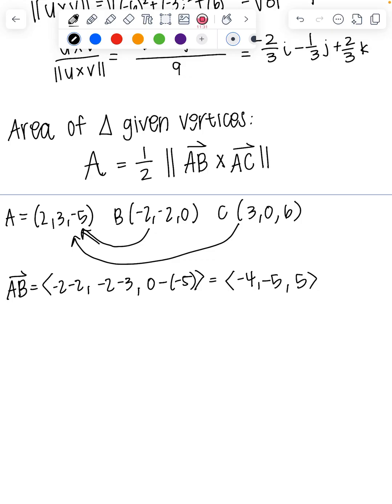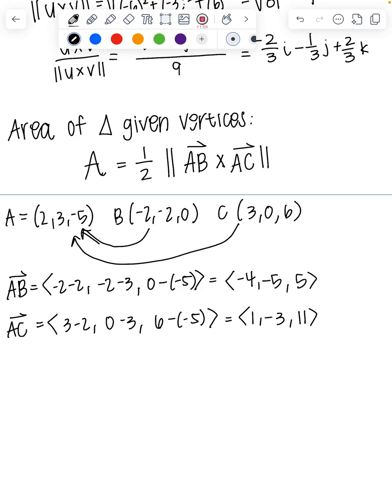All right, then I have to still find AC. So AC is going to be 3 minus 2, 0 minus 3, and then 6 minus -5. So my final answer there is going to be 1, -3, and 11. Right? And now I have to find the cross product of these two.